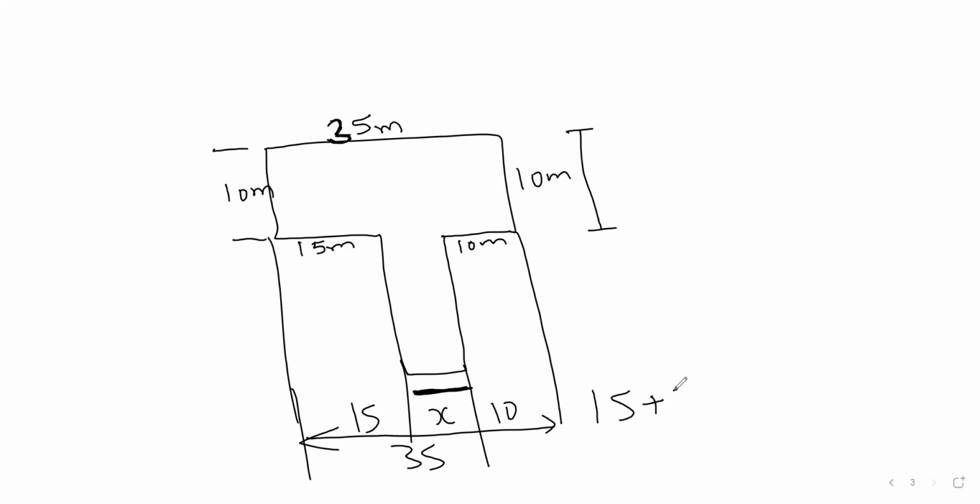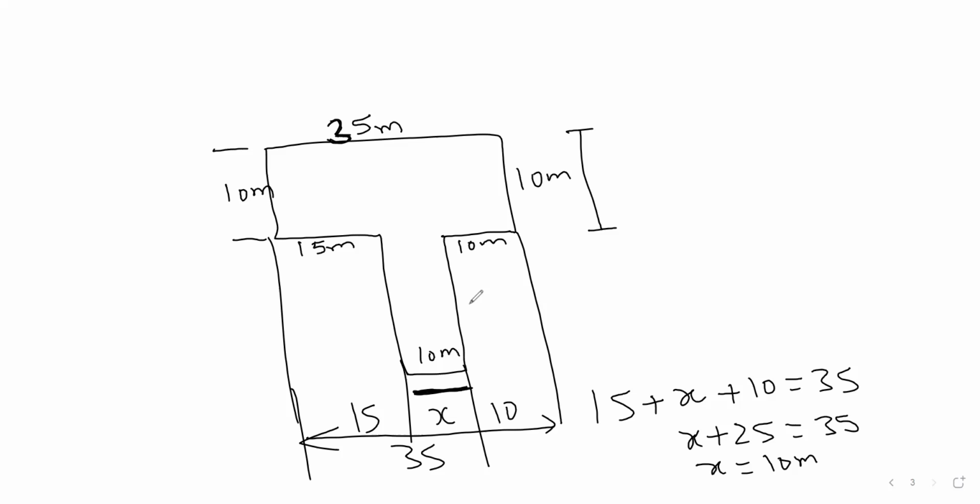So 15 plus x, you don't know the value, that is why you write x, plus 10 is equal to 35. Then how will you find x? x plus 15, 10, 25 is equal to 35. Then x will be 10. So this is 10 meter. Understood? So this value which they have not given is 10 meter. So like this you can find it out also.